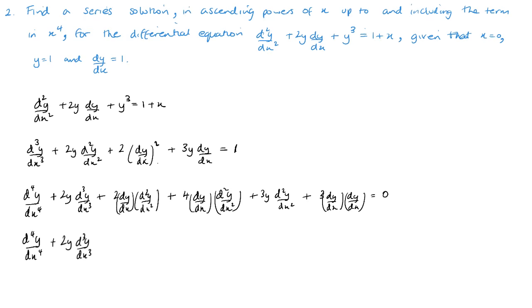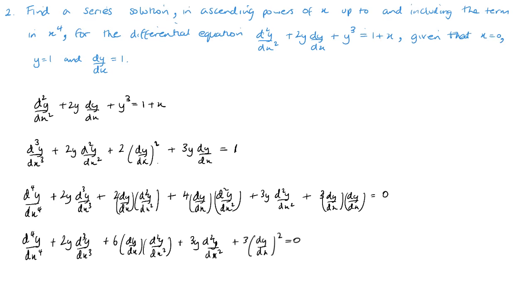Now I've got 2 dy by dx times d2y by dx squared, and we've got 4 of them here, so that's going to give me 6 dy by dx times d2y by dx squared, plus 3y d2y by dx squared plus 3 dy by dx all squared equals 0. So hopefully you got the same thing as me.